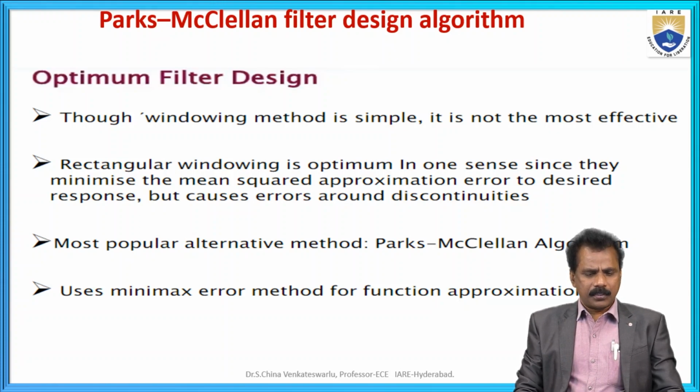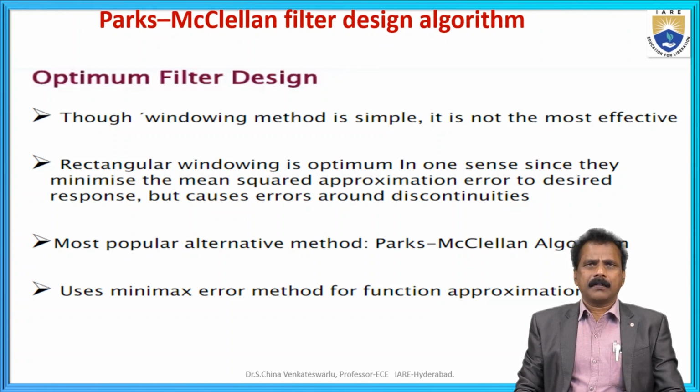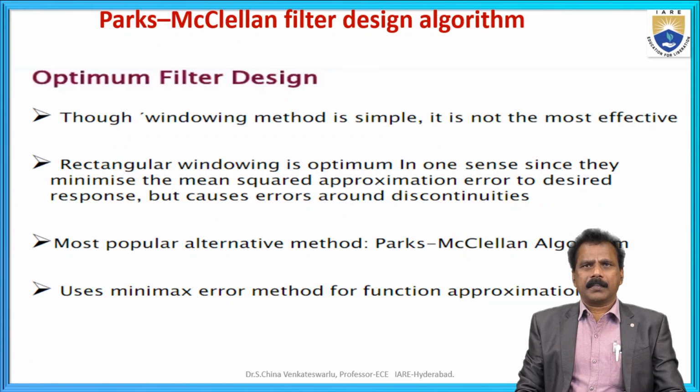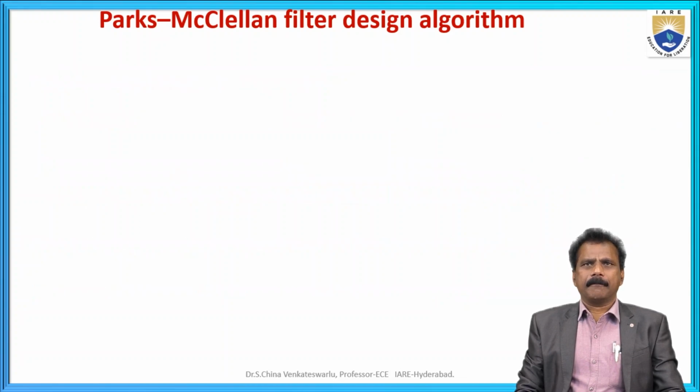The other thing is the most popular alternative method, which is today's topic, the Parks-McClellan algorithm. This uses the minimax error method for function approximation. So that is the background of today's topic, the Parks-McClellan filter design algorithm.